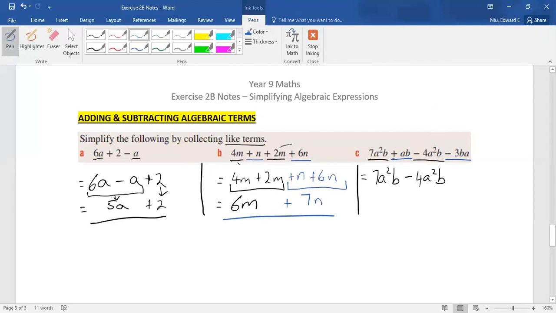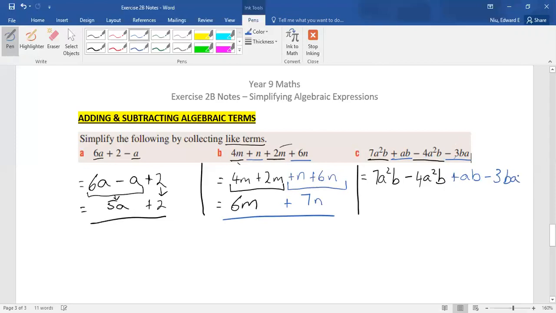If it was 6 times 5, that's the same as 5 times 6. So whenever we're looking at two pronumerals next to each other, it implies it's times. And if they've got the same identical powers and the letters are in different order, that's okay. They're still like terms.